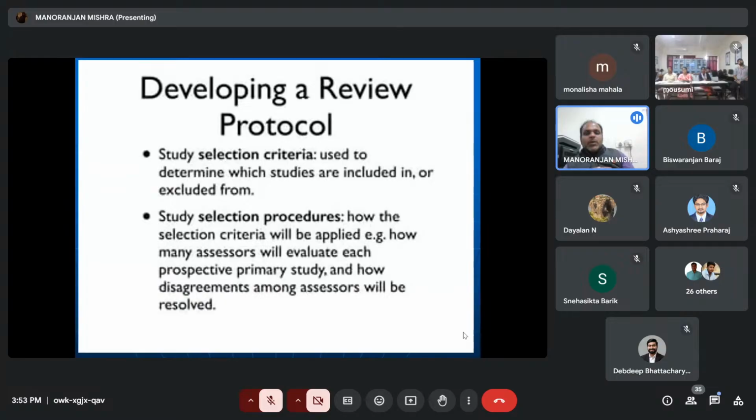Once I get the bibliometric databases according to the research question, I have to filter the databases. Once I filter the databases, if you have defined a protocol, this is the selection criteria for what is to be included or excluded. What people exactly follow is that there will be three authors. Everyone will have a single database.